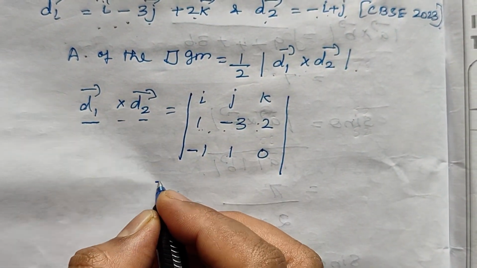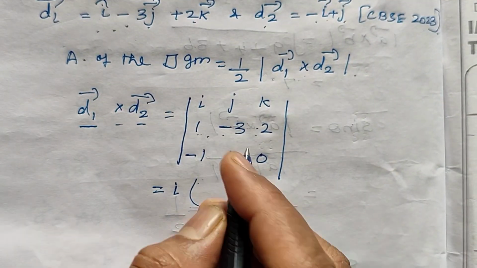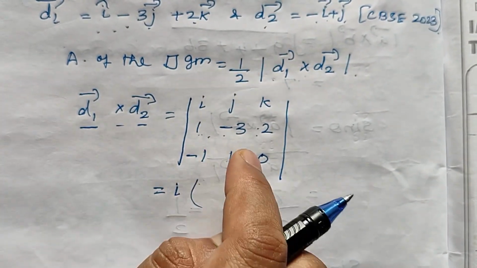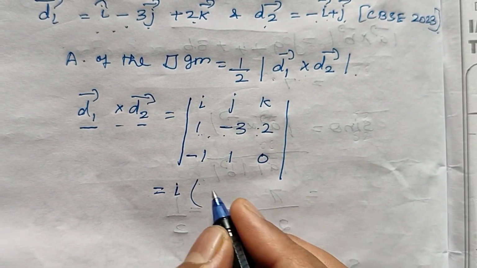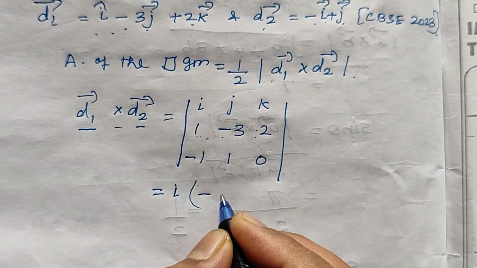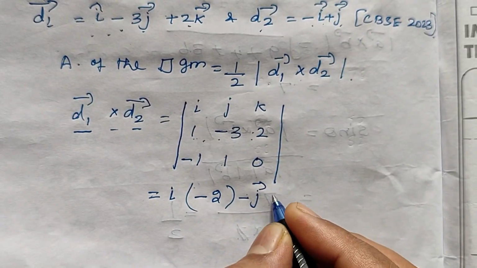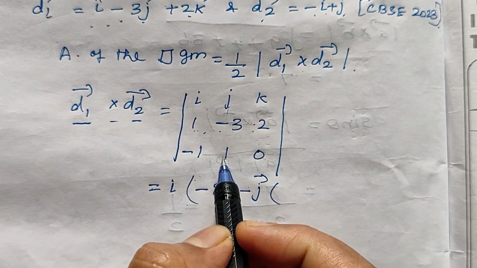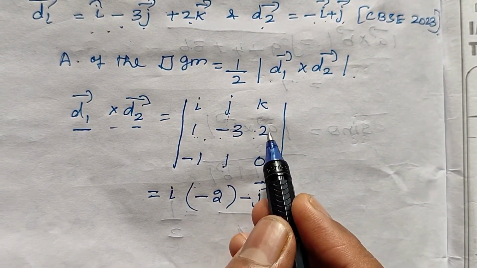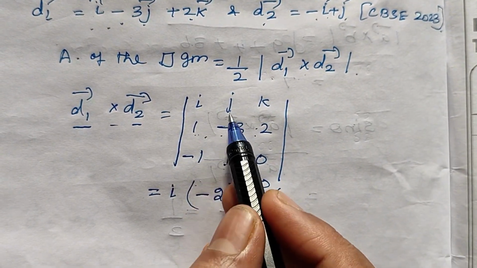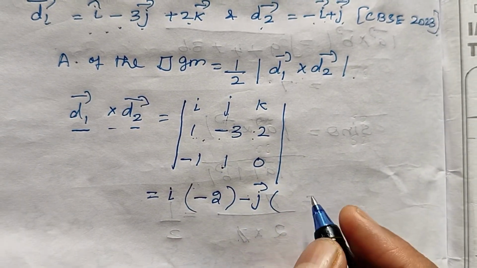Next, that is equal to, first i vector into, then we have to neglect this row and this column: minus 3 into 0 is 0, minus 2 into 1, so minus 2. Next minus j vector into, you have to neglect this row, then here 1 into 0 is 0, minus of minus 2, plus 2.